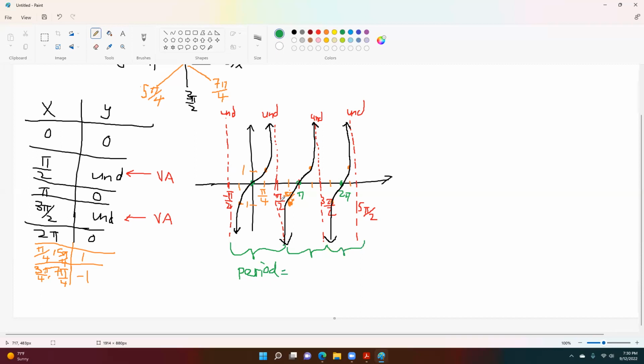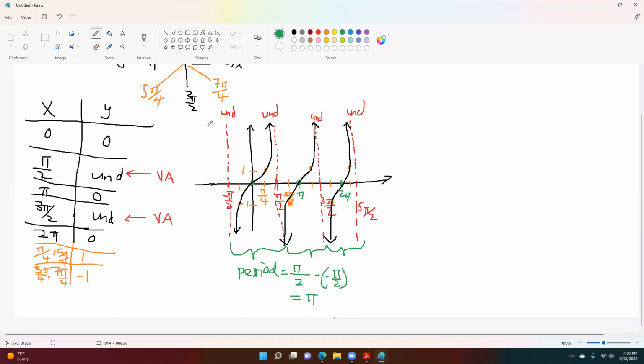You look at your undefined. So it goes from -pi over 2 to pi over 2. So you just subtract them. So pi over 2 minus -pi over 2. So you notice that your period in this case is exactly pi. So on one full cycle, the period for tangent is pi.